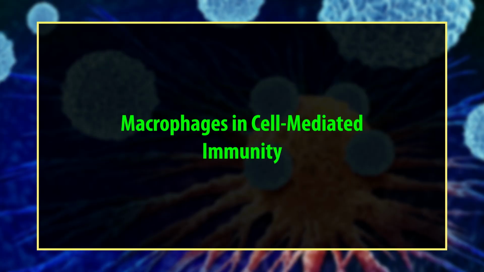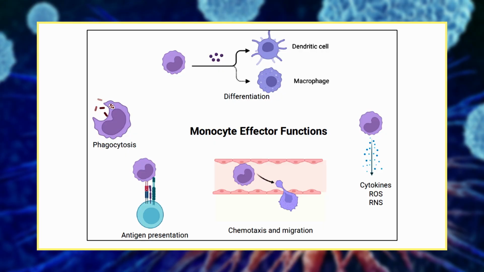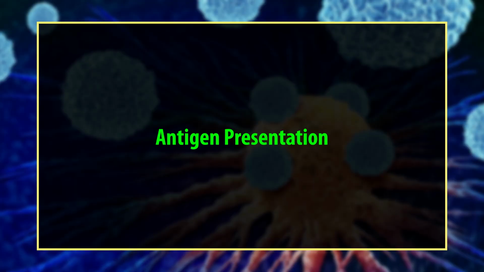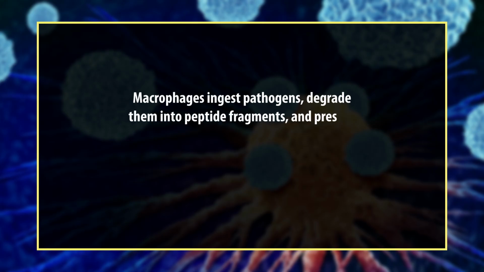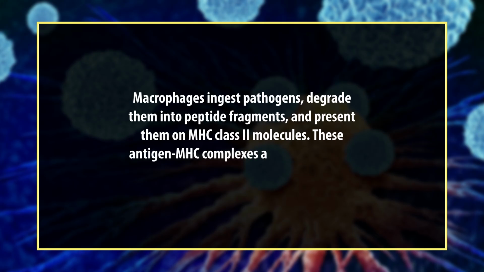Macrophages in the cell-mediated immunity. Macrophages are phagocytic antigen presenting cells, or the APCs, that originate from the monocytes. They play a central role in both innate and adaptive immunity, particularly in cell-mediated responses. Antigen presentation: macrophages ingest pathogens, degrade them into peptide fragments and present them on MHC class II molecules.